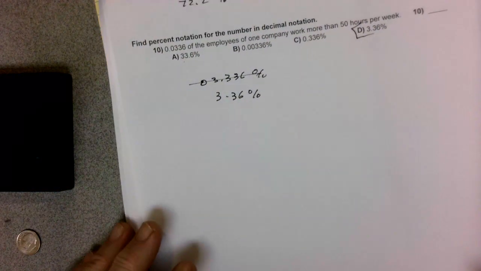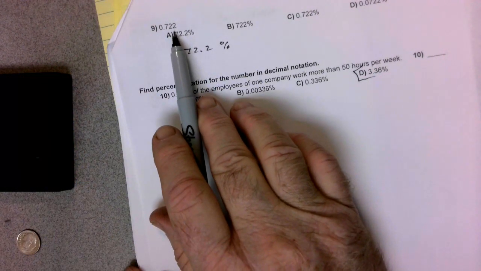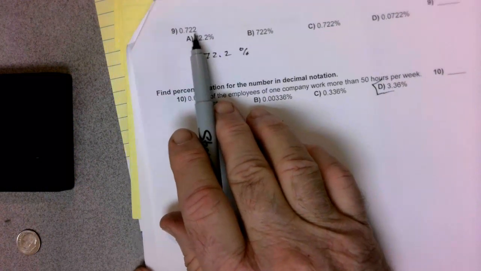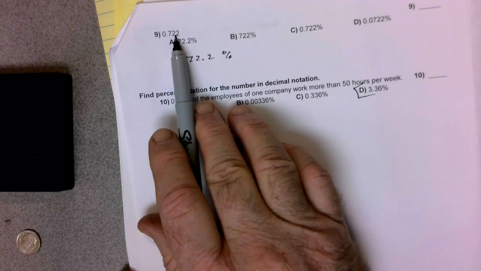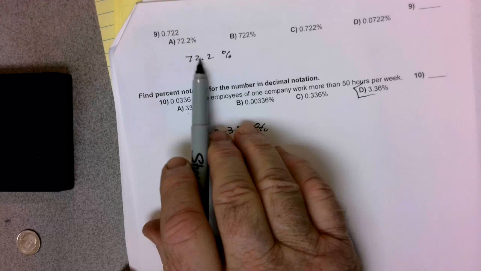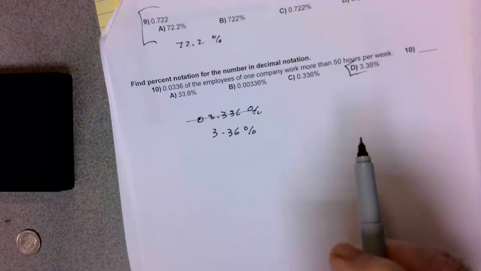And what do we do here? We add a percent and move this decimal 2 places to the right. We add a percent sign and move this 2 places to the right. So we get 72.2%, which is answer choice A for this one.